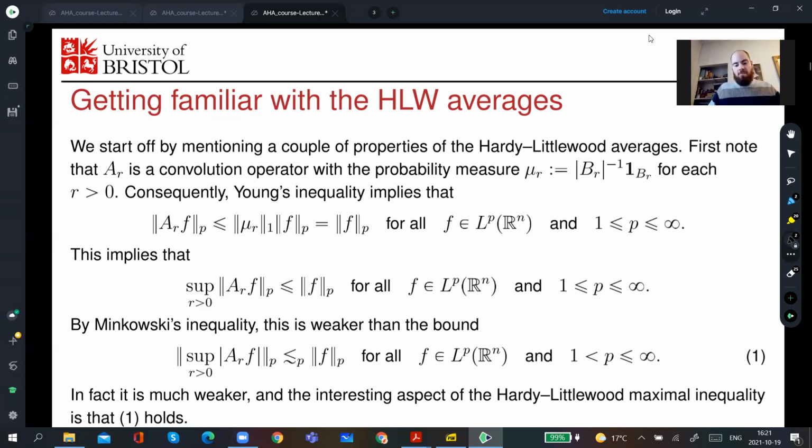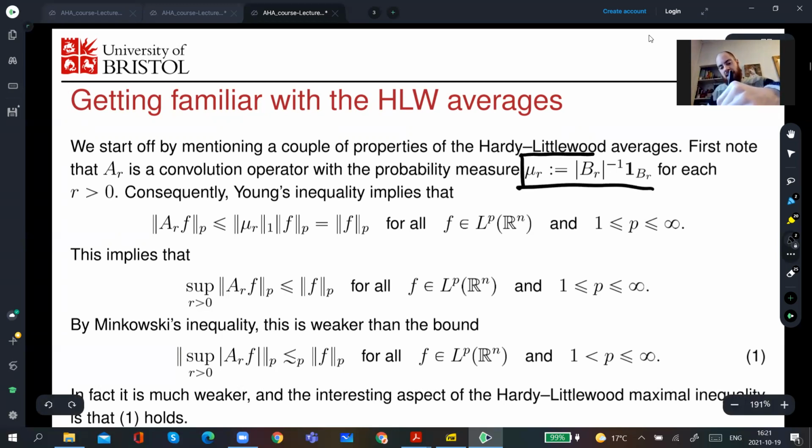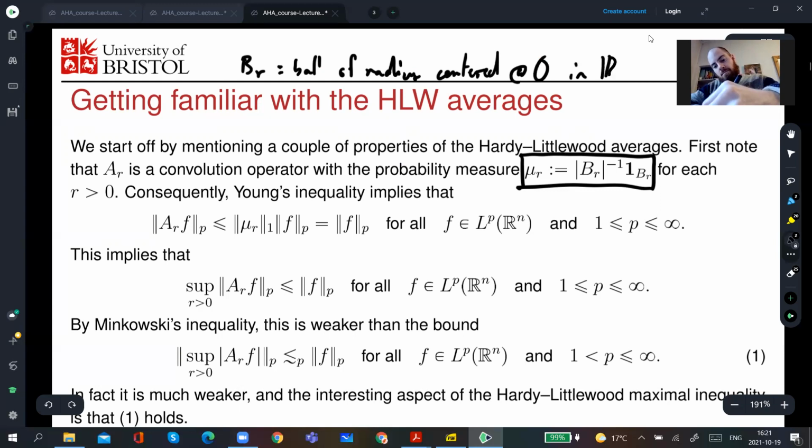In particular, consider the measures where I take the indicator function of the ball of radius r, centered at the origin, so B of r equals the ball of radius r centered at 0 in Rd.